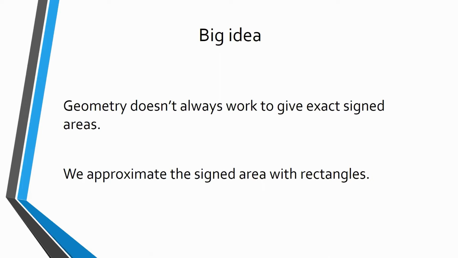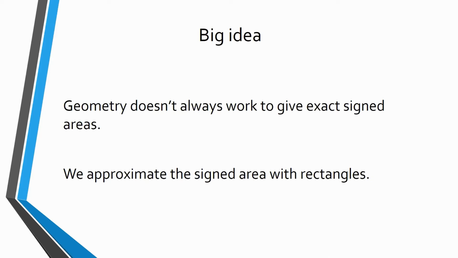In other words, if I'm looking for the signed area of a function, that is the area between the function and the x-axis, getting an exact area is doable when I can break my function into triangles and rectangles.